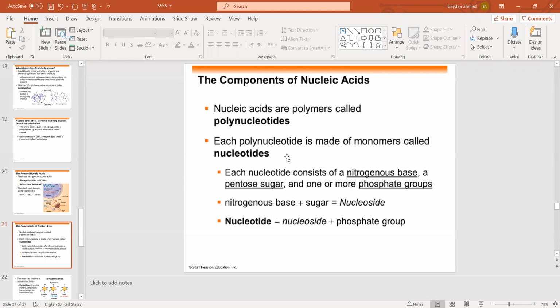A nucleotide in general is composed of three parts: a 5-carbon sugar, we call it pentose sugar. Remember, pentose for the 5-carbon sugar. And a nitrogen-containing base, nitrogenous base, and one to three phosphate groups.